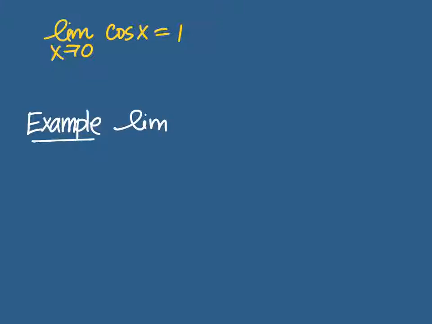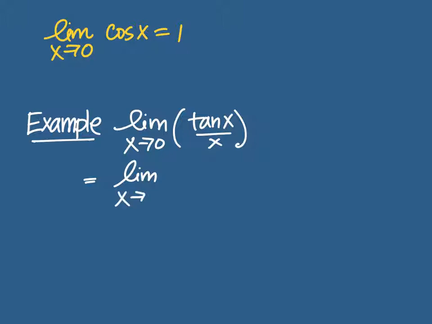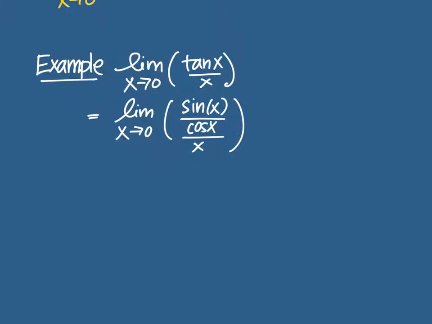All right, what is the limit as x approaches 0 of tan x over x? Well, we're going to have to do a replacement of tan. We know tan is equal to sine of x over cosine of x, which is also over x now. So you're replacing using the identity.